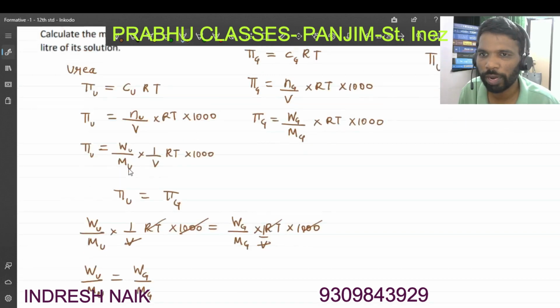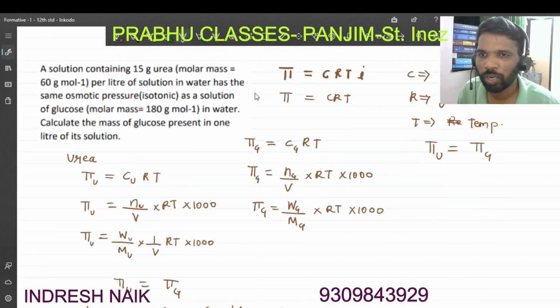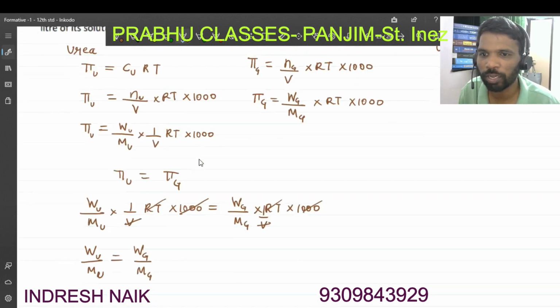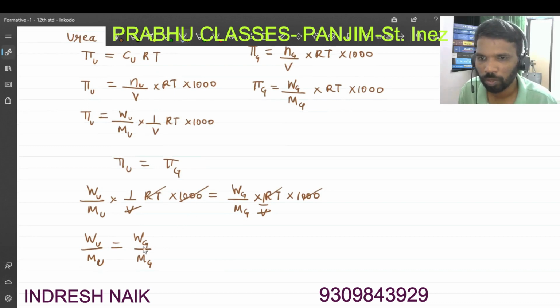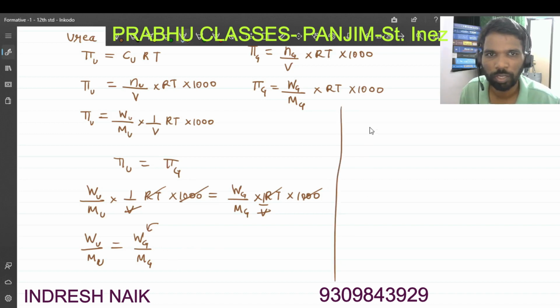What you are told to find in the question is to calculate the mass of glucose present in 1 liter of solution. So this is what we need to find. If we rearrange that equation, it will be weight of urea multiplied by molar mass of glucose, divided by molar mass of urea. What is the weight of urea given? 15 gram.